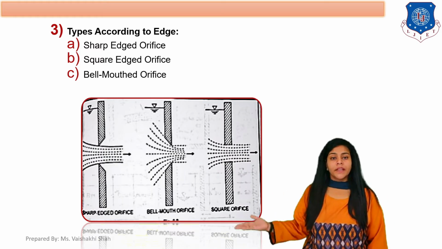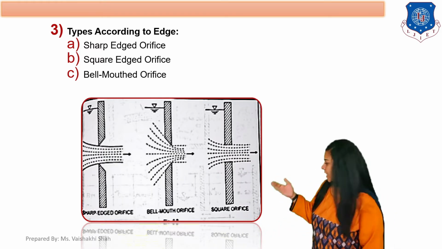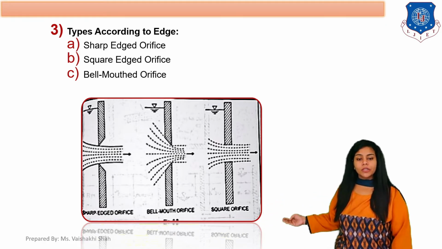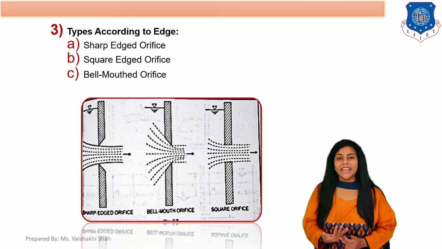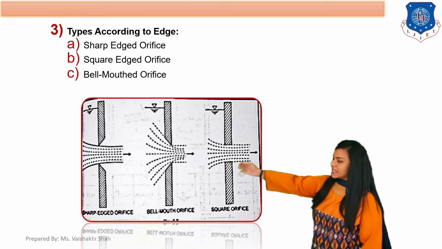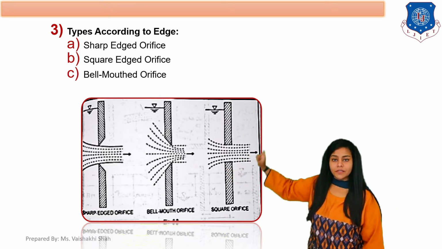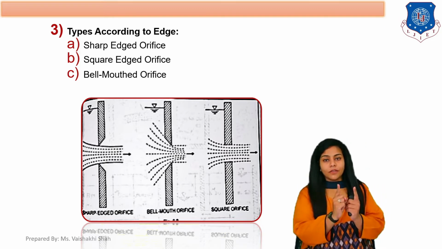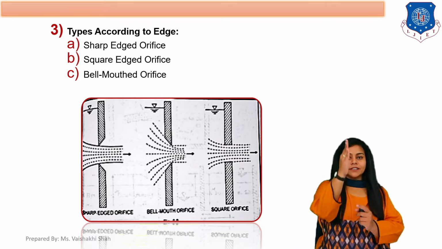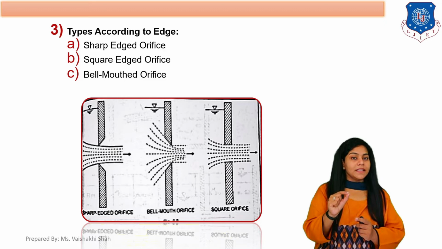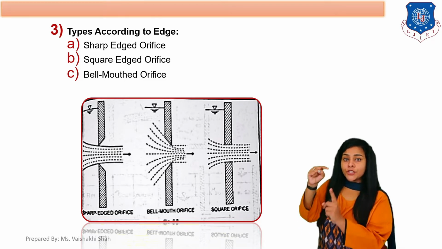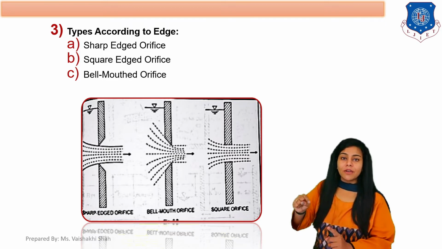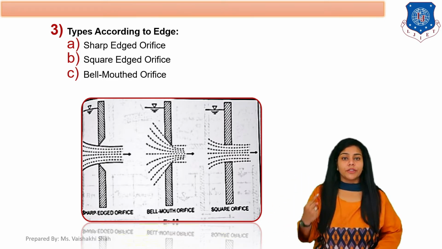Here is the diagram for sharp edge, bell mouth and square edge orifice. First is the sharp edge orifice. As you can see in the first diagram, the edges of the plate at the base are both sharp. That's why it is called a sharp edge orifice.